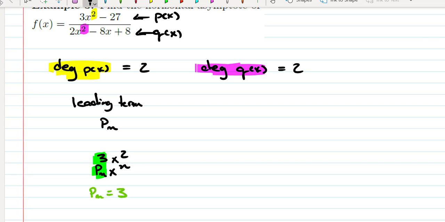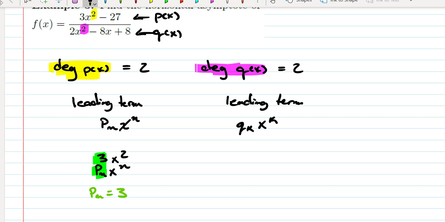And we do the same thing for our Q of x. We're going to have our leading term over here, but it's going to be Q sub k x to the k.